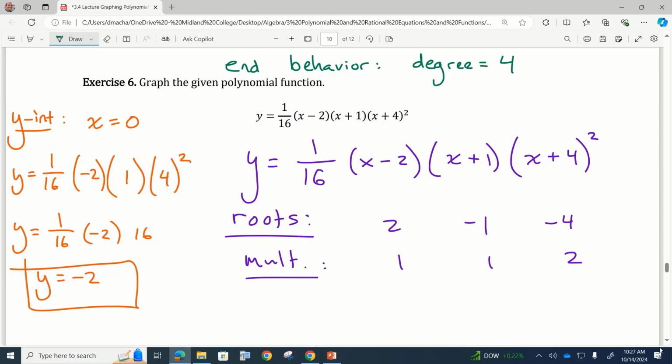But if you're looking at a polynomial in factored form, you add up the multiplicities to get your degree. So 1 plus 1 plus 2 is 4. 4 is an even degree, and my leading coefficient, is it positive or negative? It's positive. And with an even degree and positive leading coefficient, that tells me my end behavior is up on the left, up on the right.